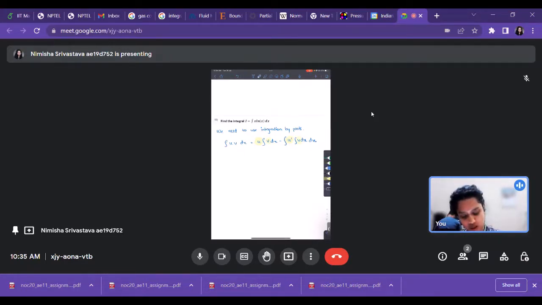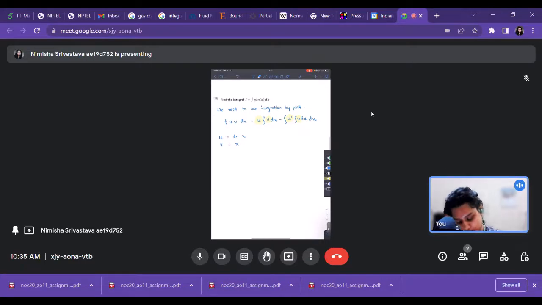So we'll choose our function smartly, and in this problem we will choose u to be ln x, because we do not want to integrate log x, which is complicated. Meanwhile, we'll choose x to be v, which is fairly easy to integrate. Okay, so moving on, let's see what that gives us.